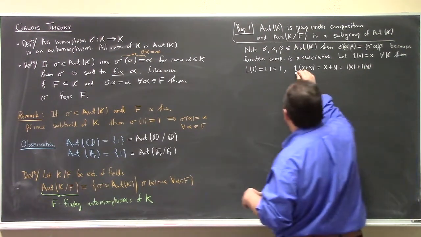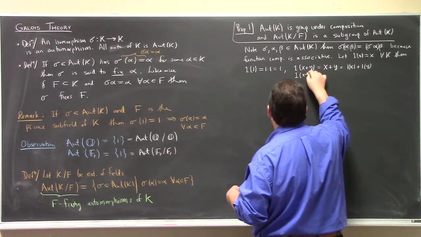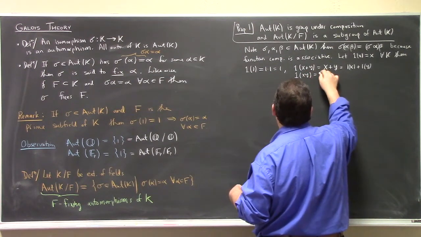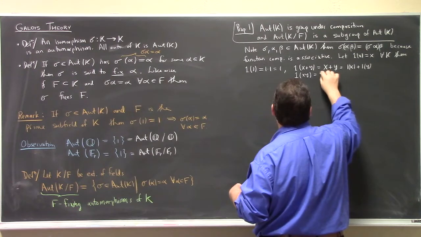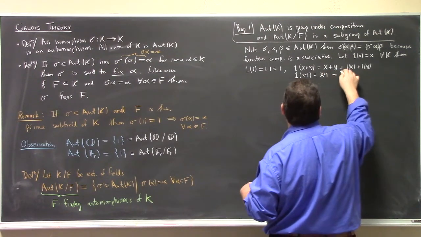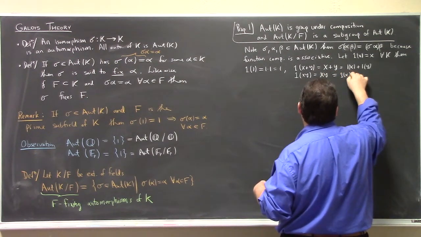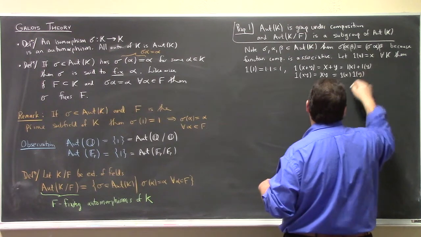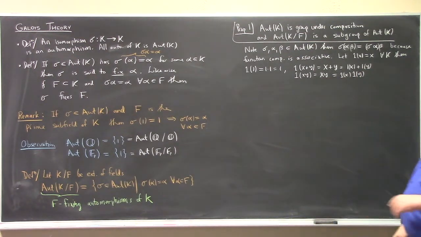And 1 of xy is equal to xy, which is 1 of x times 1 of y. And of course, it is its own inverse, right? So it is indeed an isomorphism from K to K, just the identity map, which I'm calling 1.